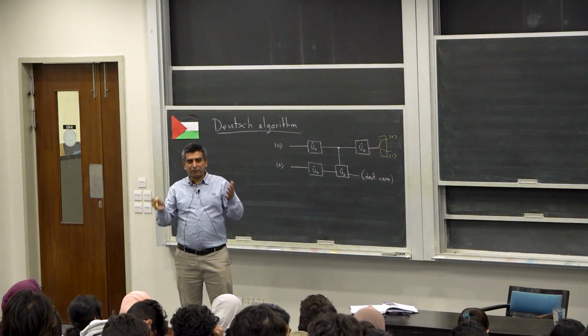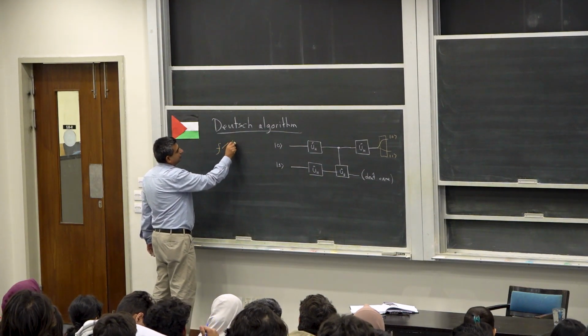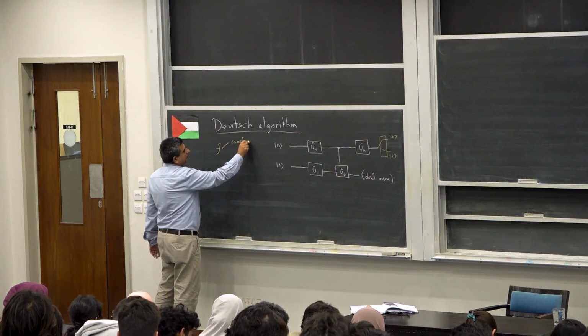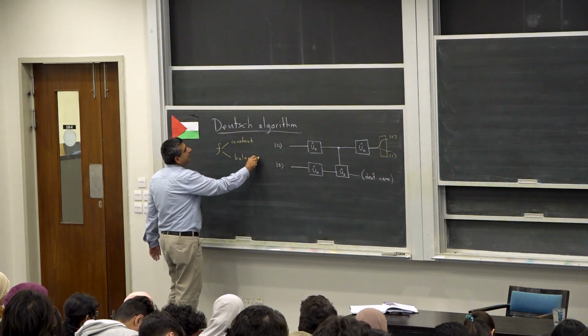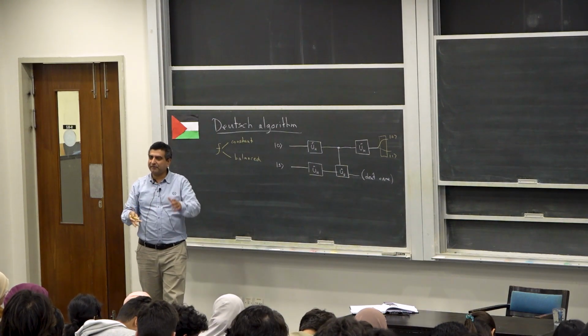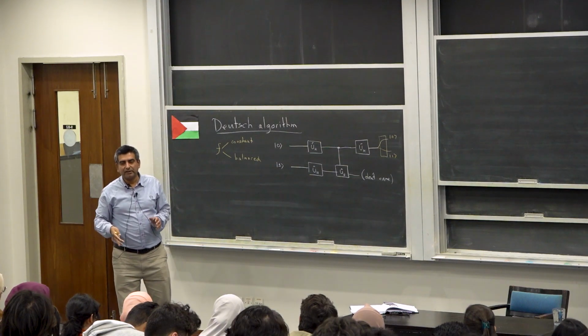So f can be of 2 kinds. The function f can be constant, or it could be balanced. And we have 2 scenarios within each realm: 2 kinds of constant functions, 2 kinds of balanced functions.